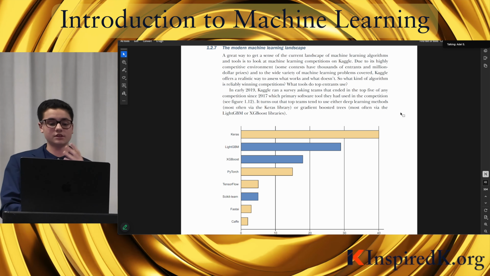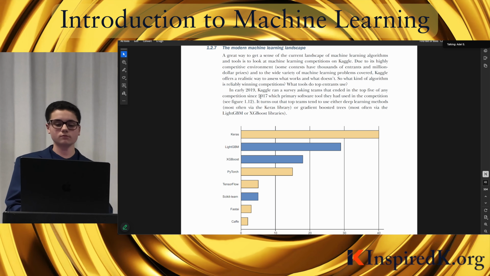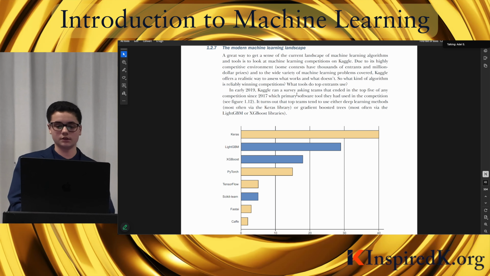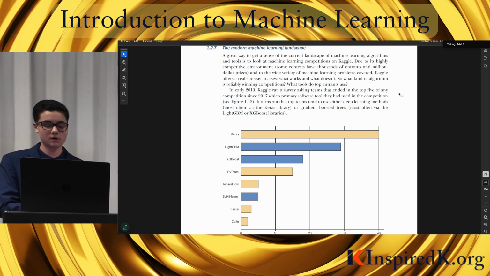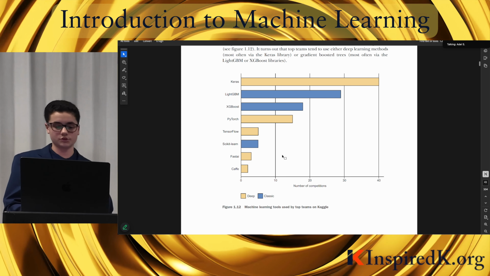They surveyed the top 5 of every competition they had since 2017 for which software they had used. Most commonly, you can see that deep learning methods and classical methods were used.